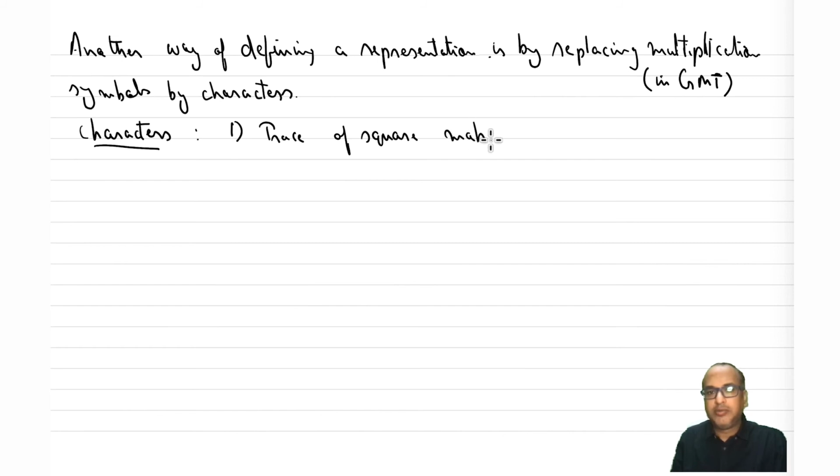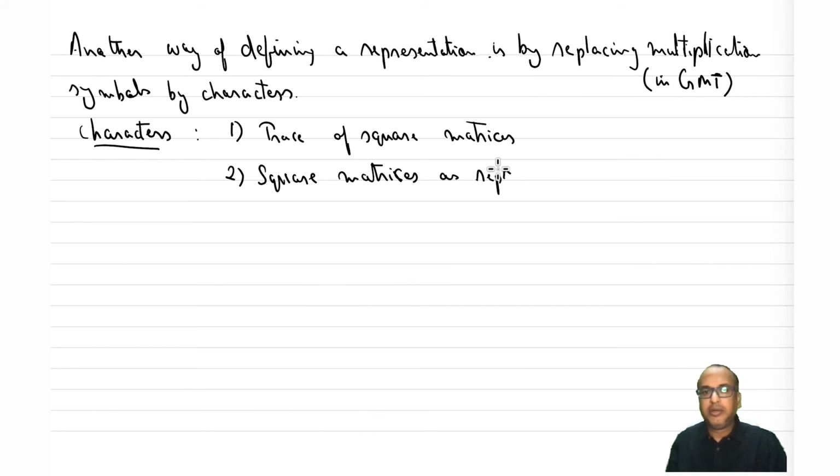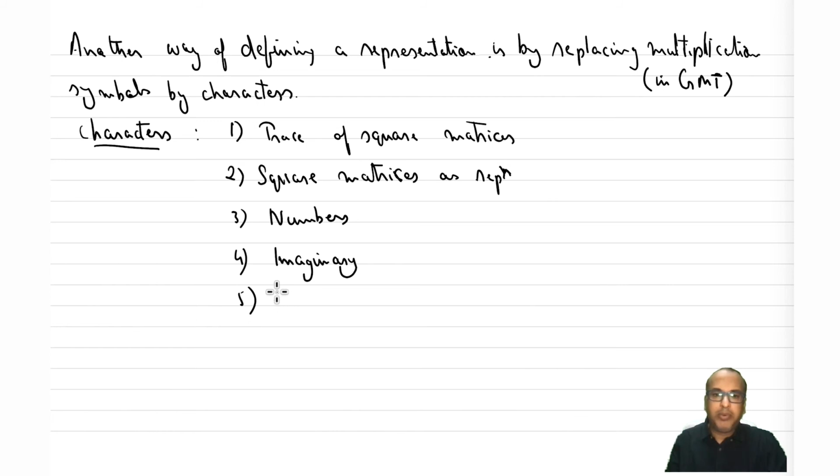We can also write square matrices as a representation, right? Well, we can also write numbers, given that they follow the rules of GMT. These numbers can also be imaginary or real. These can also be products of trigonometry functions.